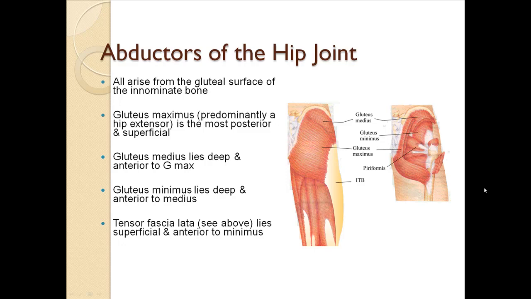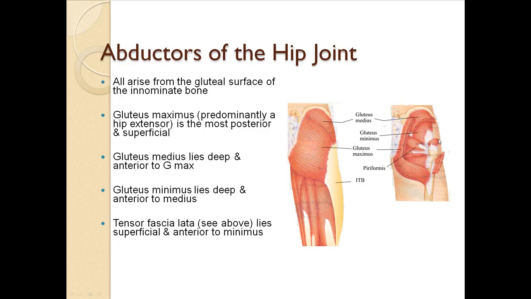The primary role of gluteus maximus, as can be seen here, is as an extensor and was described earlier. When we take gluteus maximus out of the way, we can then see gluteus medius lying underneath it. Take gluteus medius out of the way and we can then see gluteus minimus. So these three muscles lie one on top of the other.